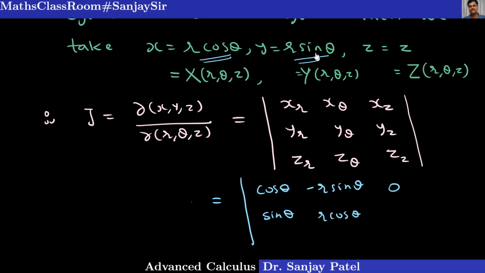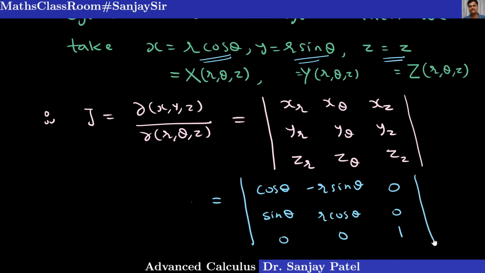And finally, derivative of z with respect to r, theta and z: there is no r and theta involved in this function, so derivative of z with respect to r is 0, with respect to theta is 0, and with respect to z is 1.